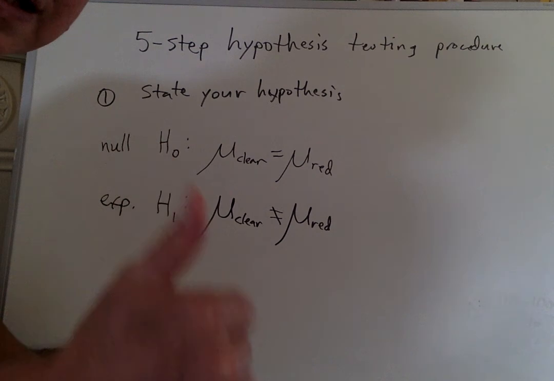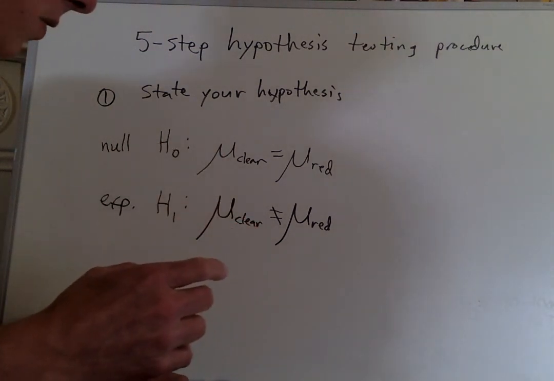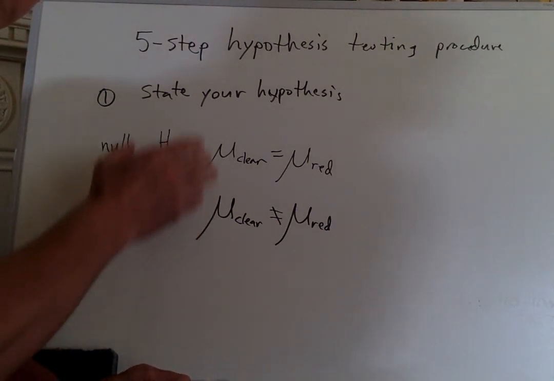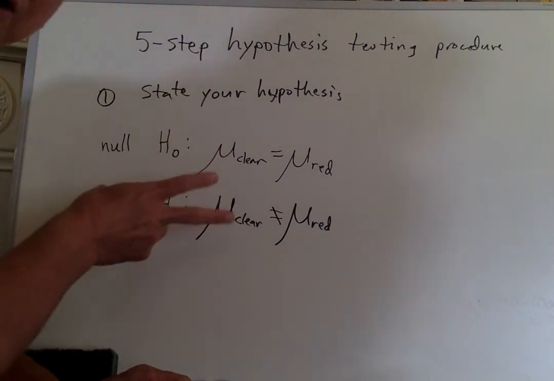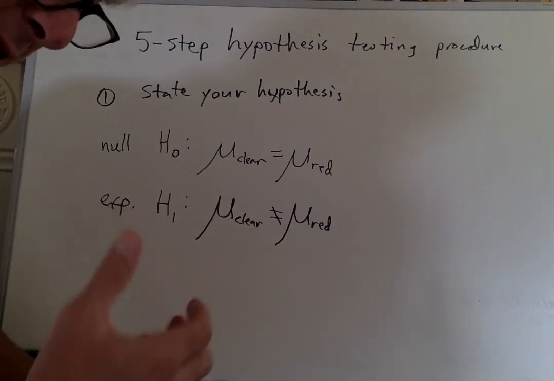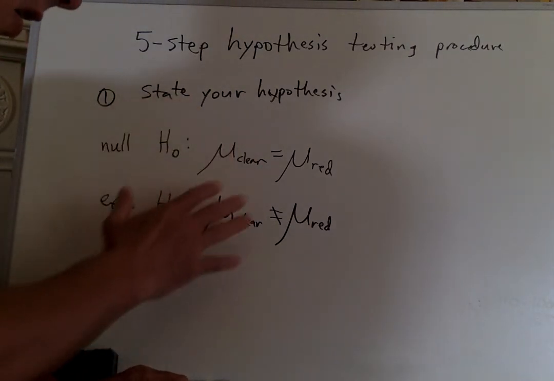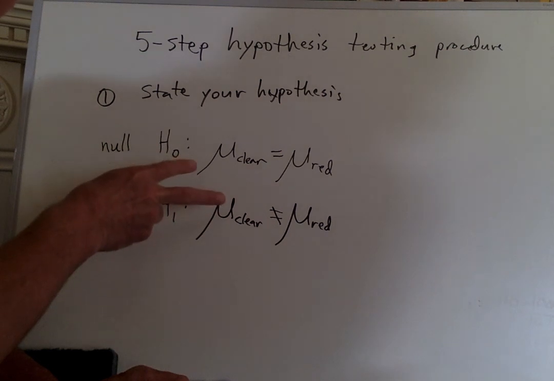They need to be mutually exclusive from one another. In other words, my data can't fit in here and in here. But taken together, they need to be inclusive of any possible outcome. So all outcomes would fit here or here, and these 2 are mutually exclusive.